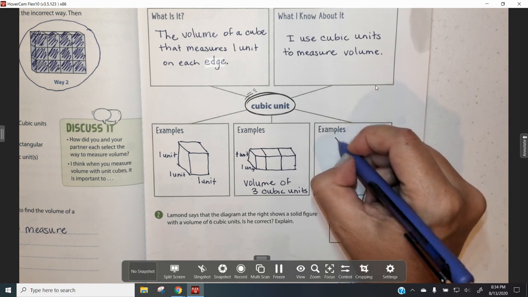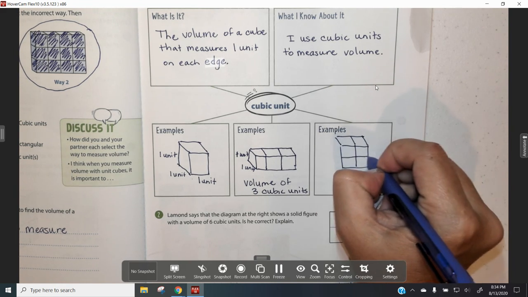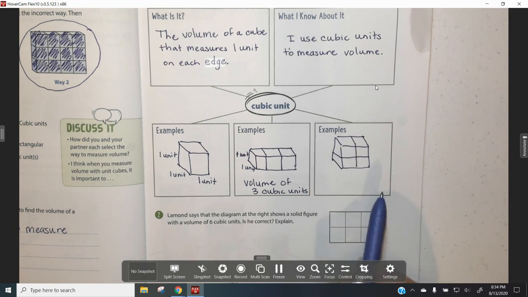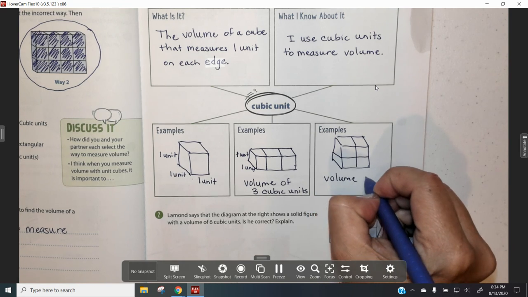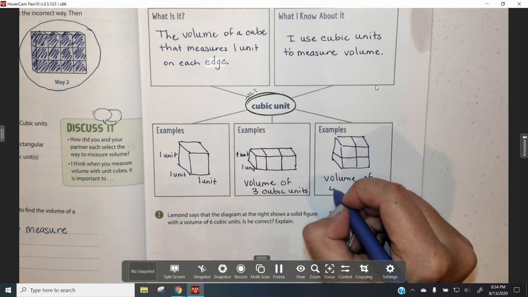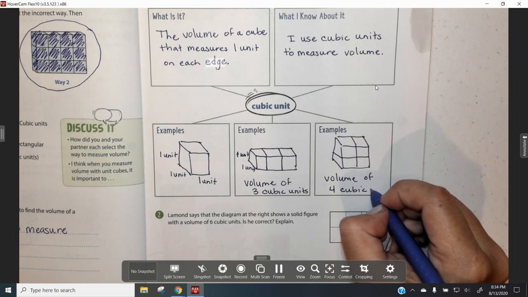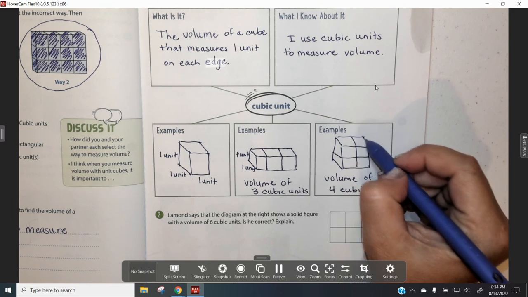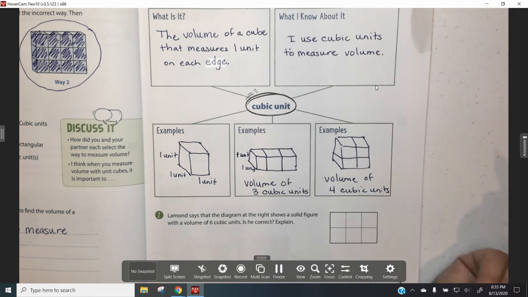This rectangular prism has a volume of 4 cubic units. One, 2, 3, 4.